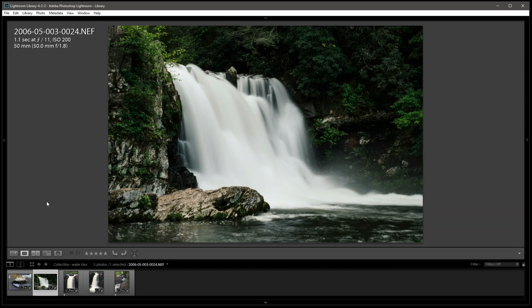Here, it was a cloudy day, so I could get a 1.1 second shutter speed at a fairly small aperture, f/11, at the lowest ISO that the camera would allow.